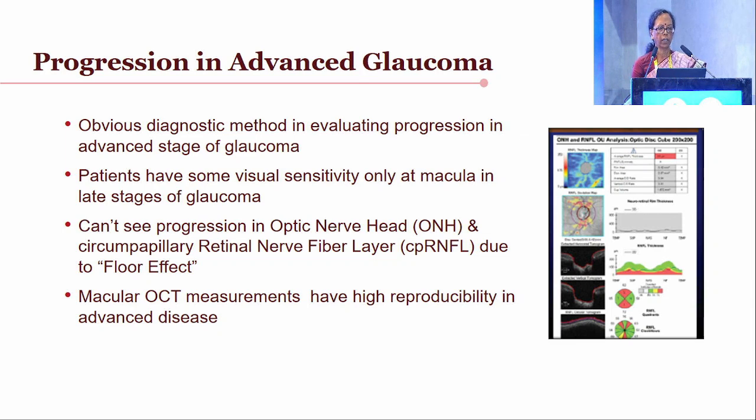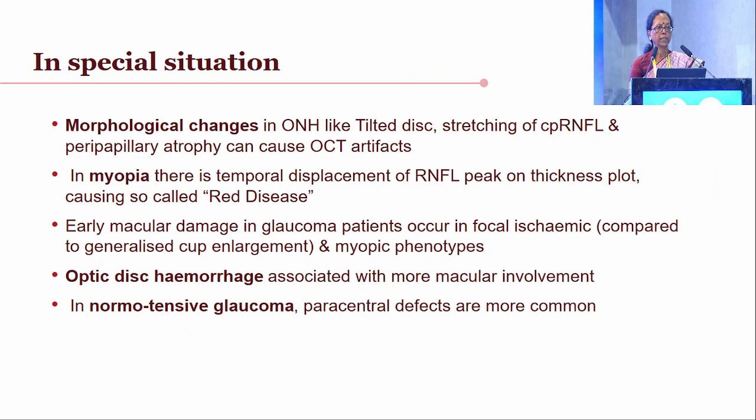Macular OCT measurements also have high reproducibility in the advanced stage; they do not vary much. For this reason, in diagnosing and following progression in advanced glaucoma, ganglion cell analysis is very important. In certain special situations also, macular ganglion cell analysis is very important.